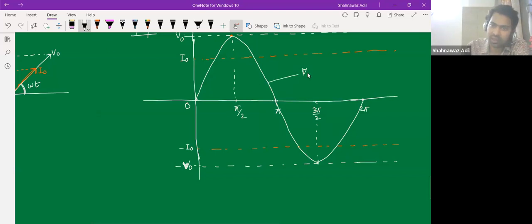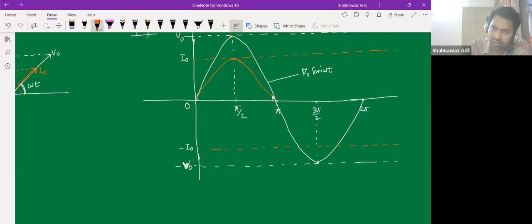So this is V naught sine omega t. Now we have to make the graph of I naught sine. So at 0, this is 0, right? I is 0. And at 90, this is I naught, right? So this would be this. And then at 180, this is going right.